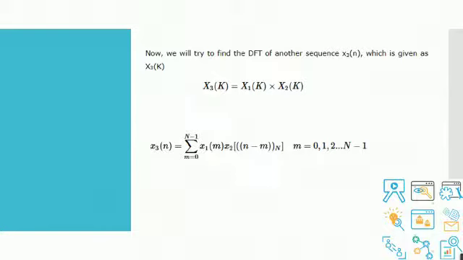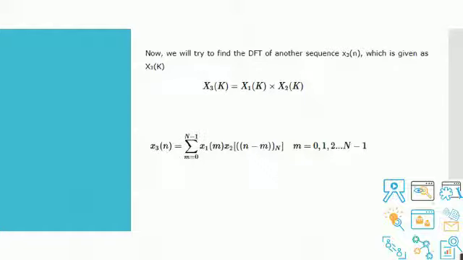Here we take X3 of k equals X1 of k into X2 of k, and as I told earlier, X3 of k is a DFT. What is DFT? DFT is the discrete Fourier transform. So X3 of k is the discrete Fourier transform of the sequence x3 of n. How can we obtain x3 of n?